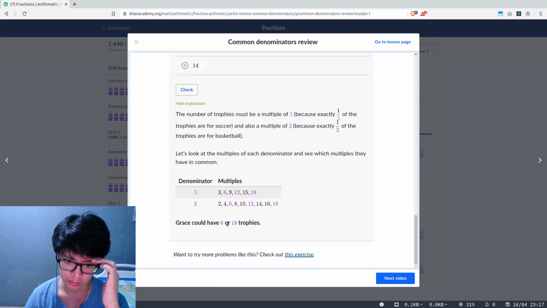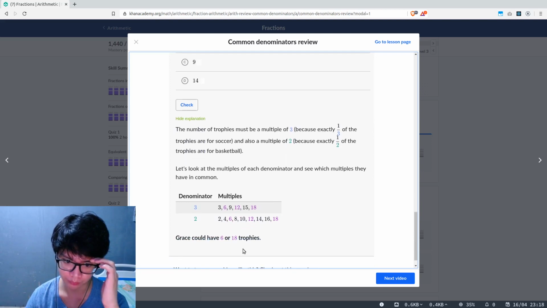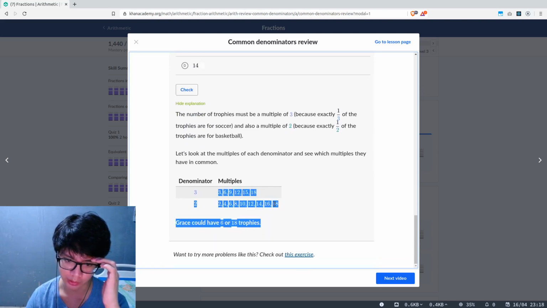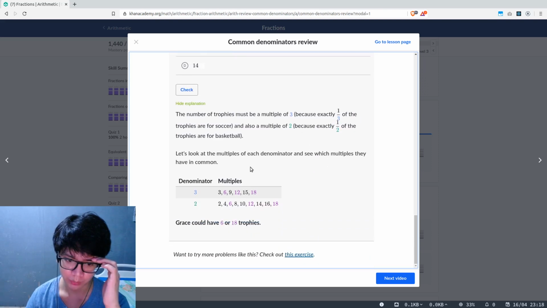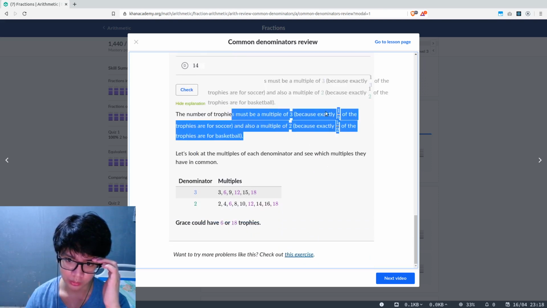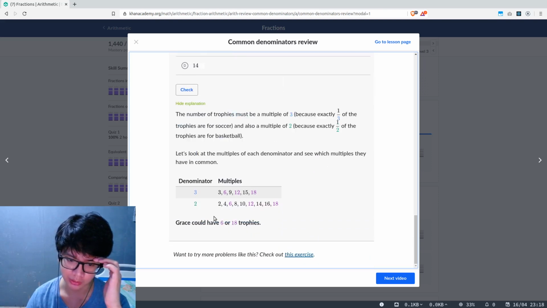You can't say it's 6 or 18 because you have 1/6 left that wasn't added in this. They're just common denominators for the 1/3 of the soccer trophies and 1/2 of the basketball trophies. But all in all, there's still not enough. You have 1/6 left of trophies. It could be in another sport, like chess.